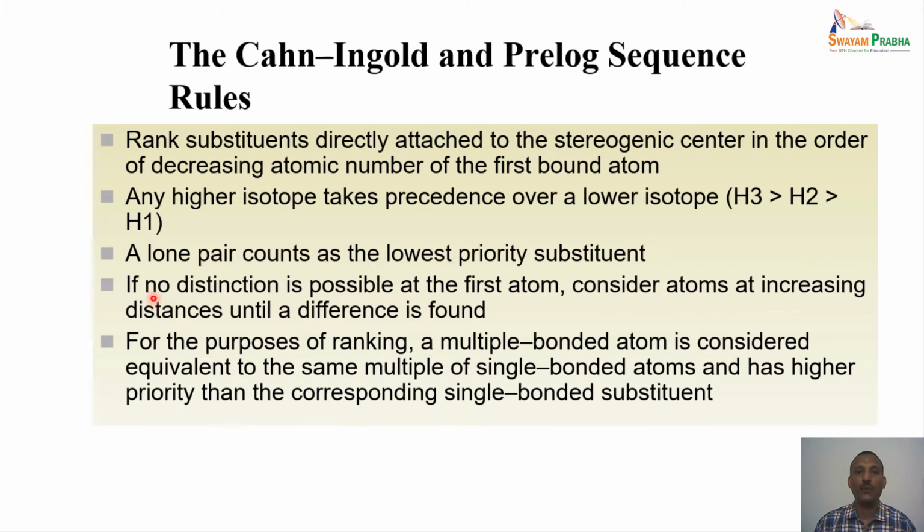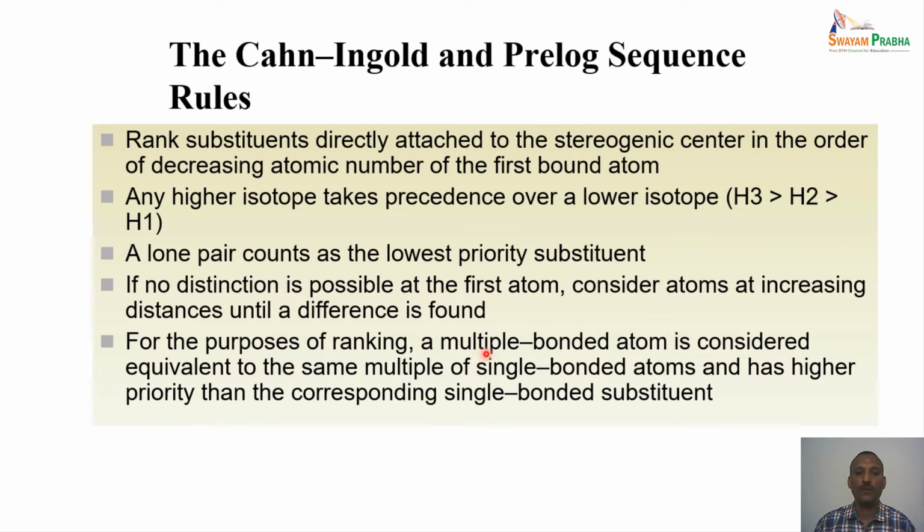And if we are unable to differentiate at the first atom, then we have to move on to the next atom. That is, consider atoms at increasing distance until a difference is found. So we have to keep on moving until we identify the first difference. Based on that we will give the numbering.